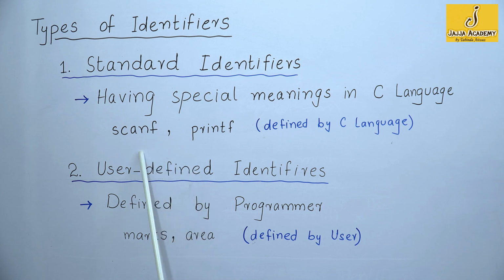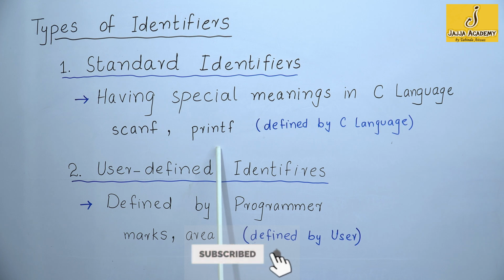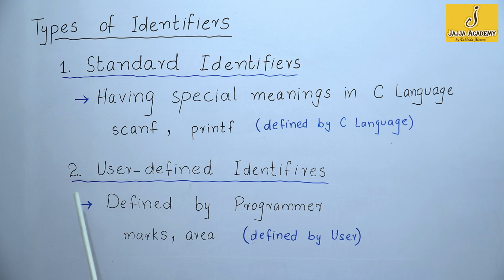So the reserved words or standard identifiers are not allowed to be used as user defined identifiers, which is the second type of identifiers. Let's discuss the second type of identifiers, user defined identifiers. A type of identifiers that is defined by a programmer or a user is known as user defined identifiers. For example, I have written two variables here, marks variable and area variable.